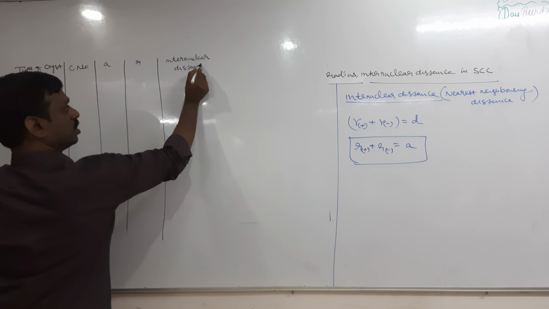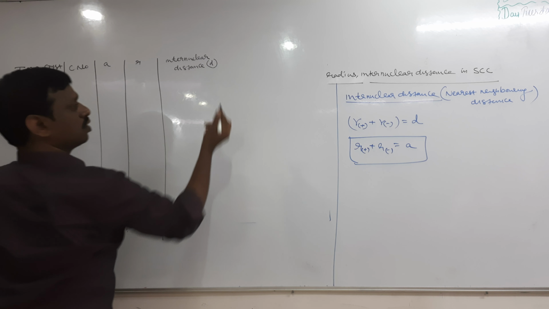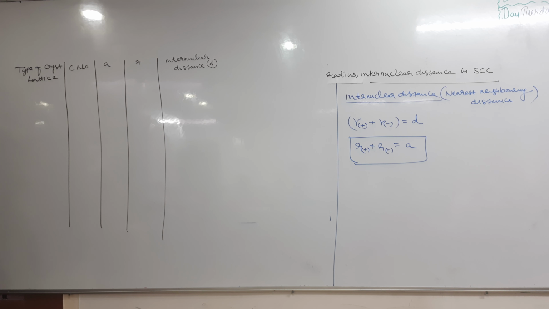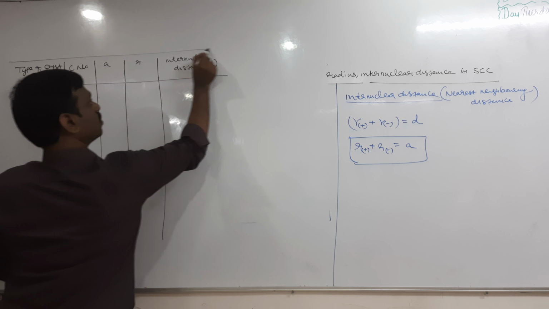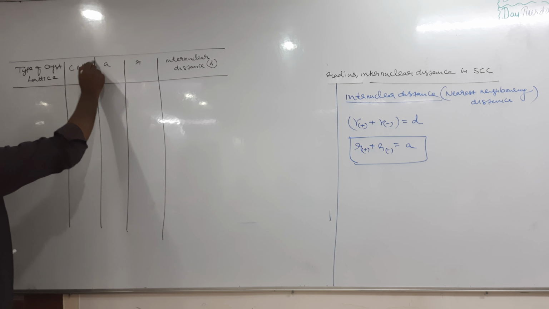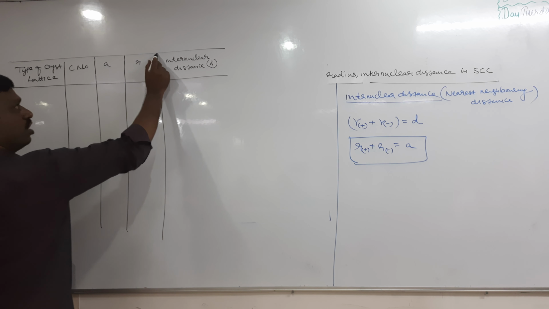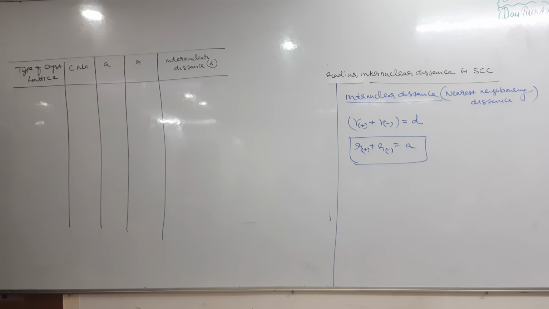Internuclear distance is also equal to what? Nearest neighboring distance, or internuclear distance. Based on this tabular column, on Sunday exam you will get nearly 10 questions.